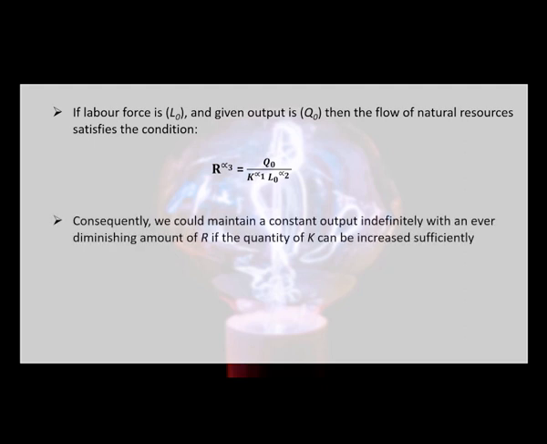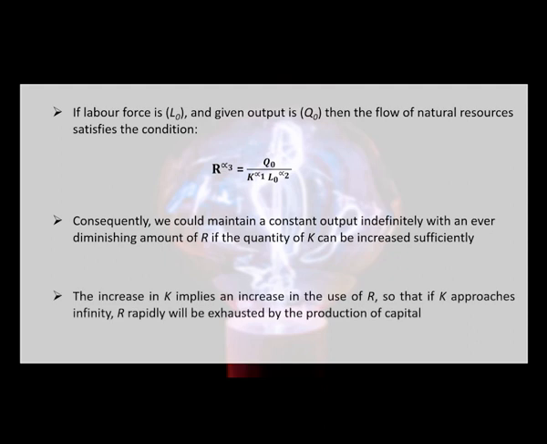Consequently, we could maintain a constant output indefinitely with a diminishing amount of R if the quantity of K can be increased sufficiently. Of course, on an economy-wide level, the increase in K implies an increase in the use of R, so that as K approaches infinity, R is rapidly exhausted by the production of capital.